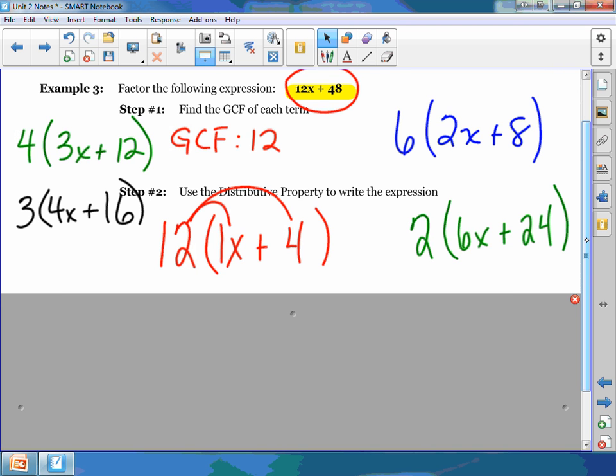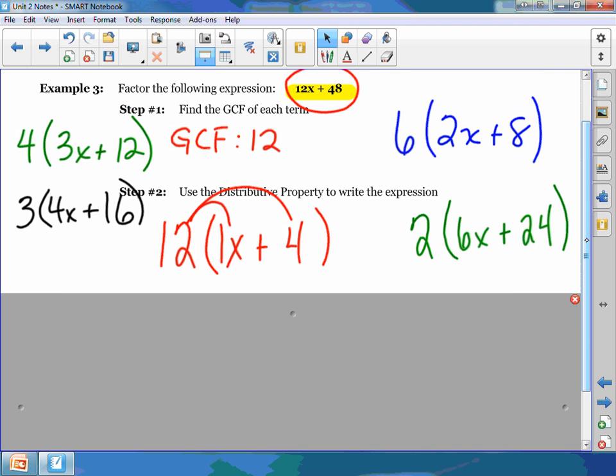Now, there's only one of those that I really, truly want for the final answer. Does anybody know which one would be the best answer? Maybe? Cameron? 4 and 3, why? That's not right.